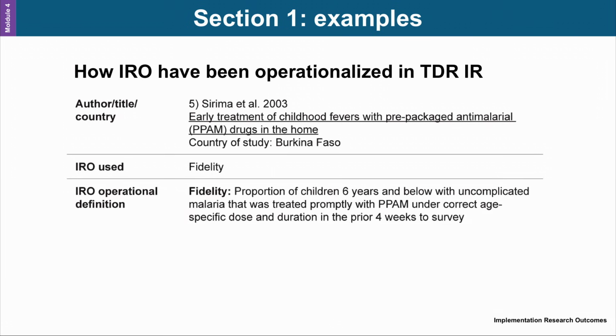Fidelity was the only implementation outcome assessed, and it was operationalized specifically by looking at the proportion of children 6 years and under who had uncomplicated malaria that was treated as planned. Treated as planned here was defined as being promptly treated with prepackaged antimalarial drugs with correct age-specific dose and duration in the 4 weeks prior to the assessment survey.